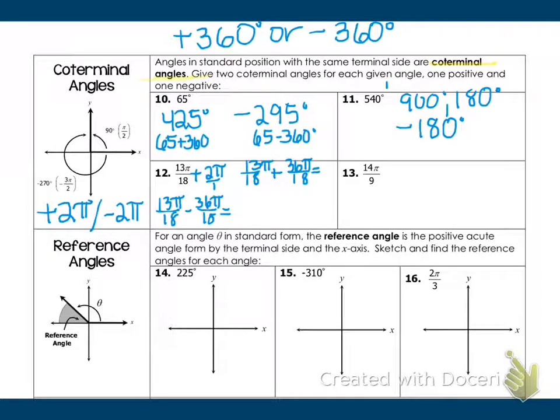So adding them together, I'm going to add the numerators. That makes, let's see, 49 pi over 18, so that's my positive coterminal angle. And then for my negative coterminal angle, 13 minus 36 is negative 23, so negative 23 pi over 18 is going to be my negative coterminal angle.